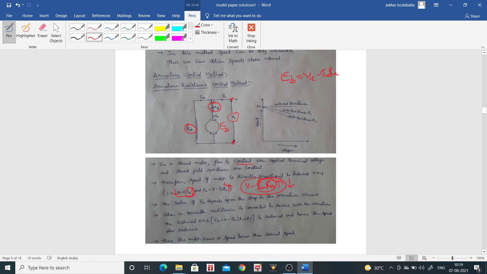Generally, the armature control method is used to control the speed of the DC motor below its rated speed. For example, without resistance the motor operates at speed n0, the nominal or rated speed. As you insert a resistance R1, the speed decreases like this. If you increase the resistance in series with the armature further, the speed reduces further. I hope it is clear.